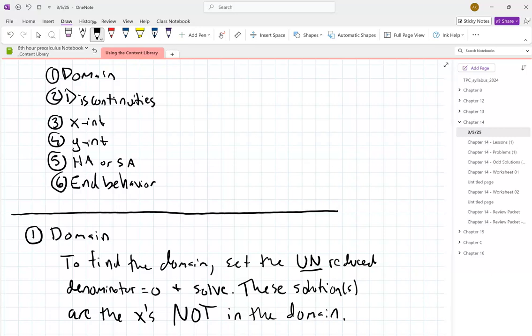So to find the domain, we're going to set the unreduced denominator equal to 0 and solve. Those solutions are the x's that are not in the domain.